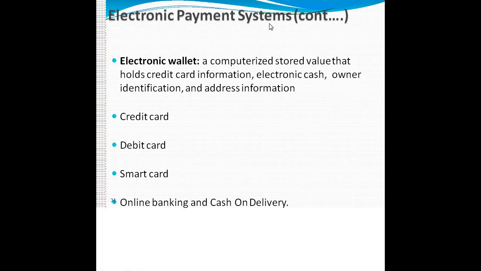Now, next is the electronic payment system. Electronic wallet: a computerized stored value that holds credit card information, electronic cash, owner identification, and address information. So credit card, debit card, smart cards, online banking, and cash on delivery are parts of the electronic payment system.